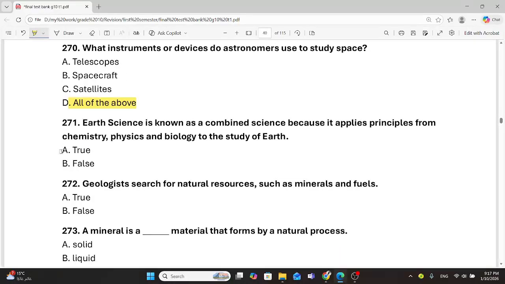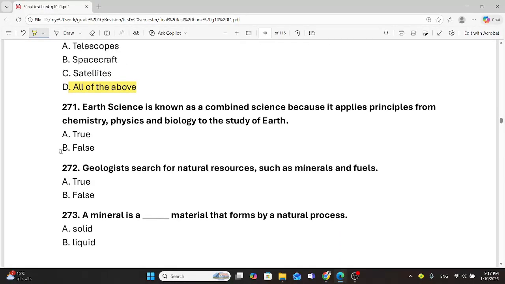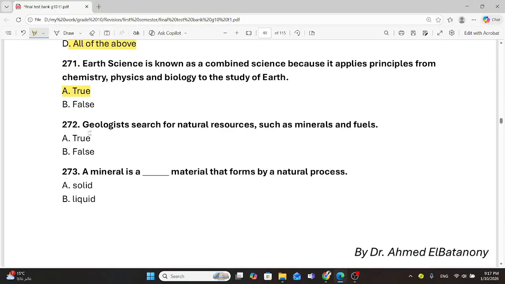Earth science is known as a combined science because it applies principles from chemistry, physics, and biology to study Earth. Geologists search for natural resources such as minerals and fuels. Yes, geologists.